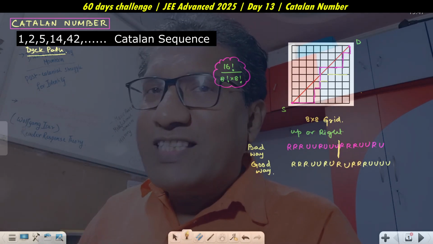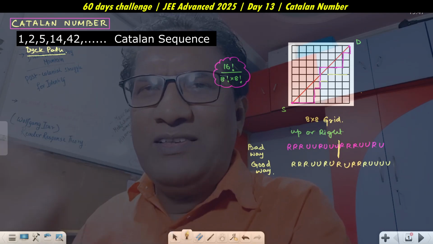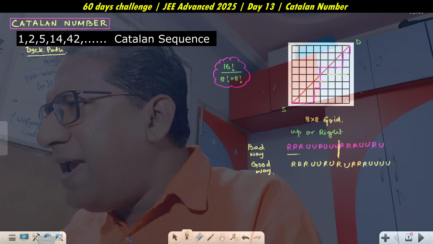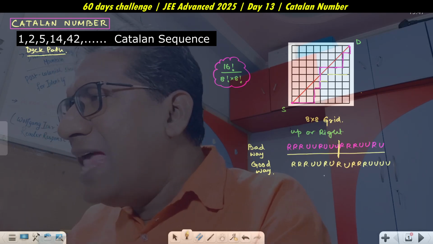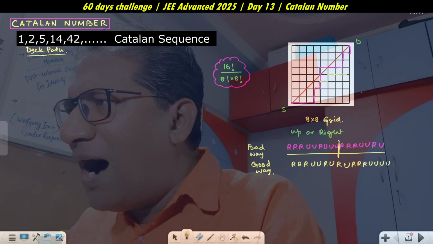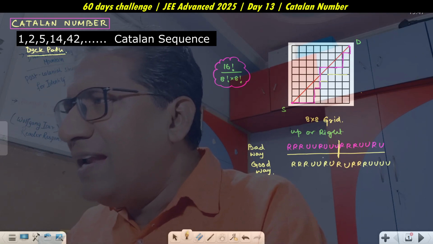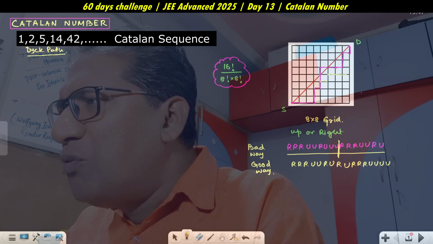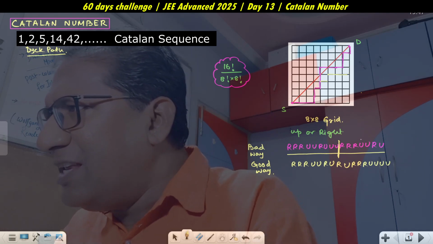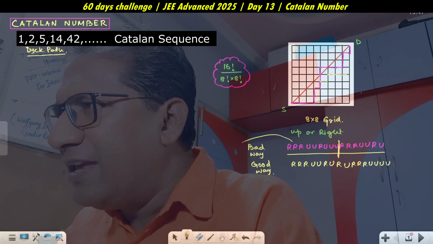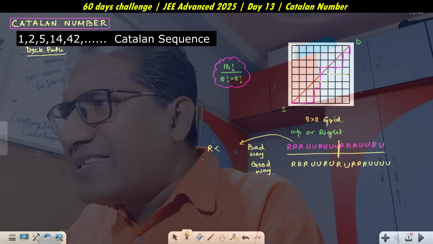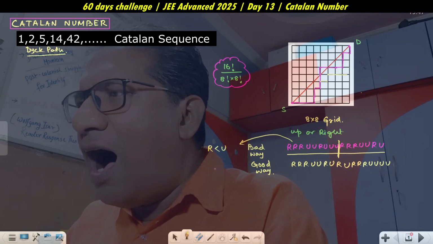Now you have to see a very important thing here. This is a bad way. In this bad way, you will find where I put this bar sign, here your right movement is less than the up movement.